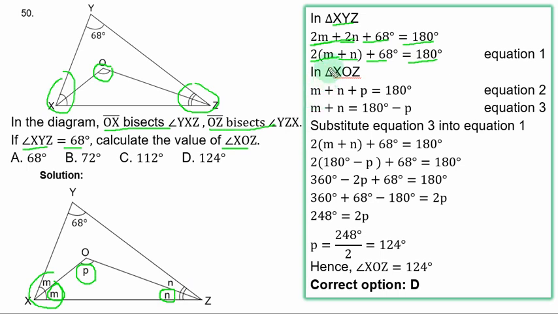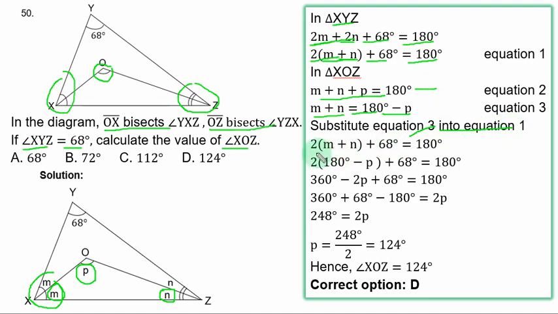Already we can write an expression for M plus N. We transfer P to the right hand side, so you have M plus N equal to 180 degrees minus P. Let's call that equation 3, while this is equation 2. Now equations 1 and 3 have M plus N in common, so you substitute equation 3 into equation 1.